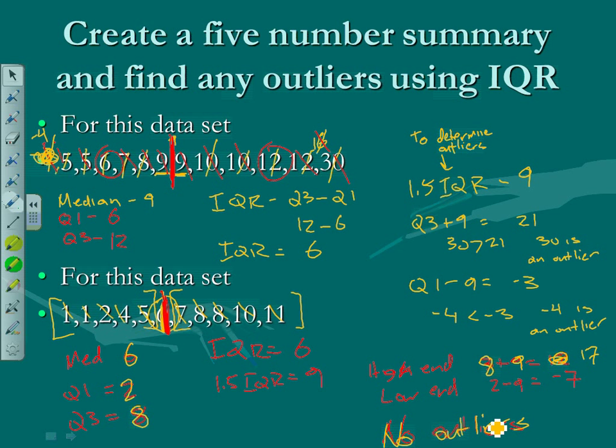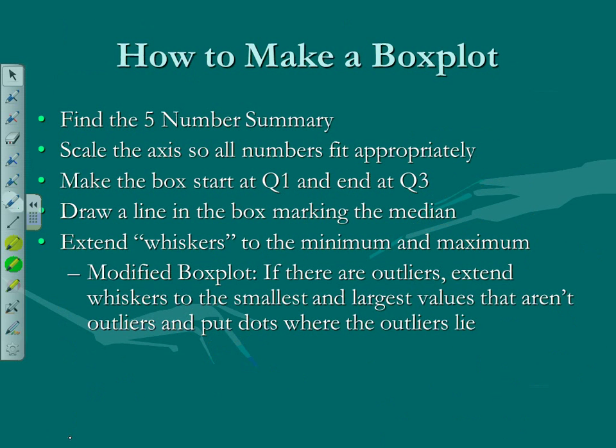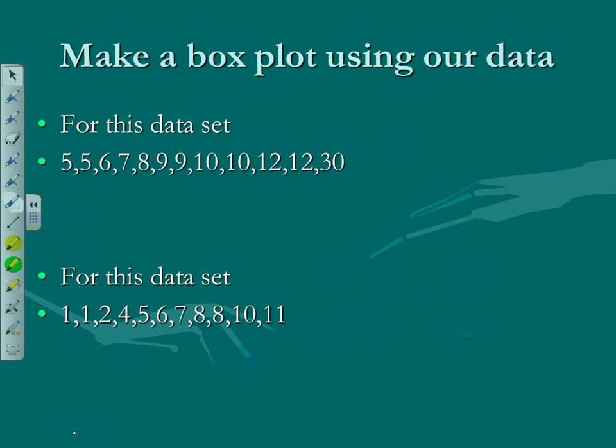Now that we have all this, we are ready to make our box plots. We have our 5 summary values, our Q1, our Q3, our maxes and mins, and our outliers for our dots. For the top data set, what was the median? 9.